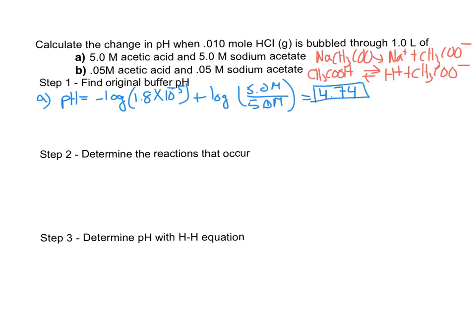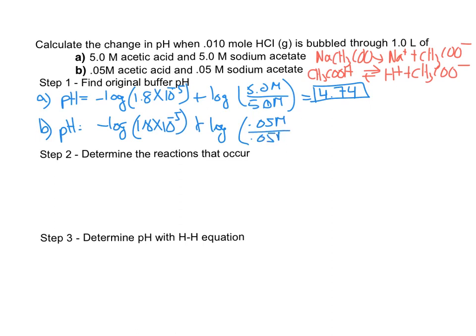Okay, let's do it for buffer B. So the pH is negative log of the Ka, or pKa, so it's still acetic acid and sodium acetate, so the same Ka, plus log of my conjugate base, which is the sodium acetate. It's now 0.05 molar, and my acetic acid is 0.05 molar. What happens to the pH?